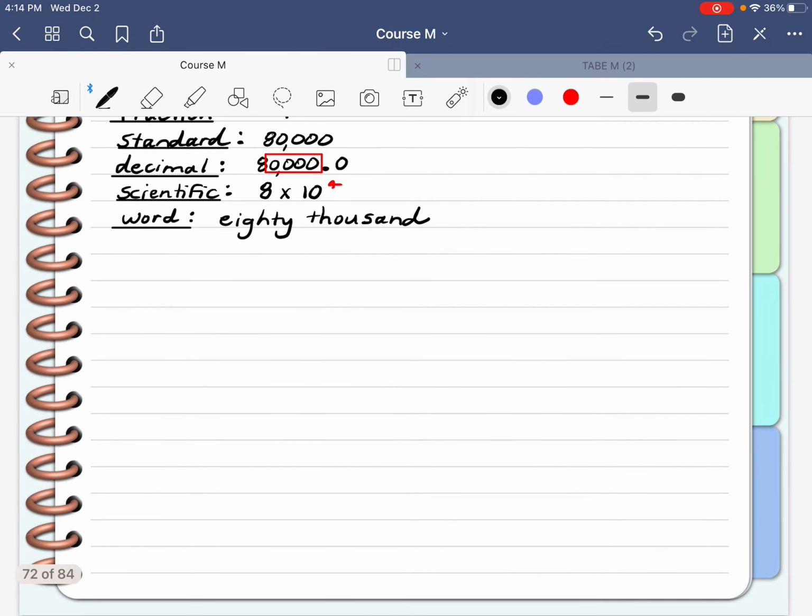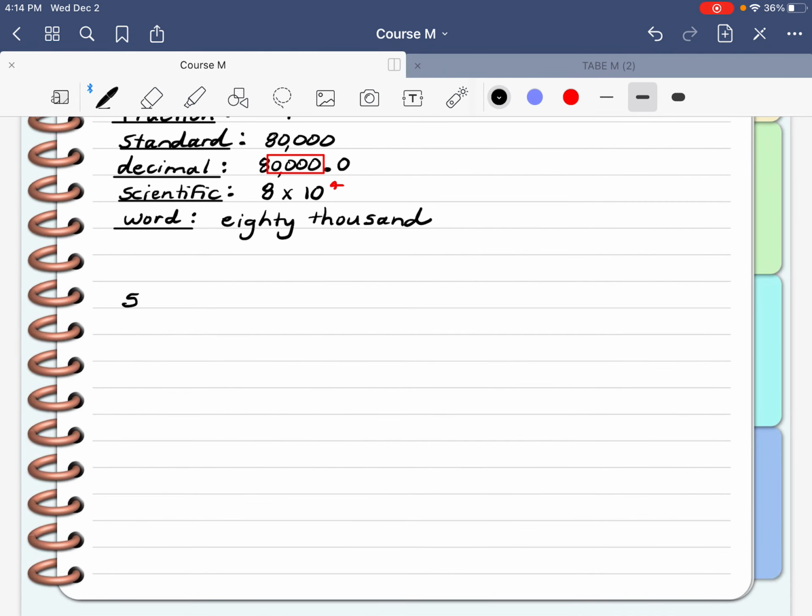Okay, for the last one, I'm going to give you scientific and see if we can get the other forms from this piece of information. So I'm going to use 9 times 10 to the negative 5.